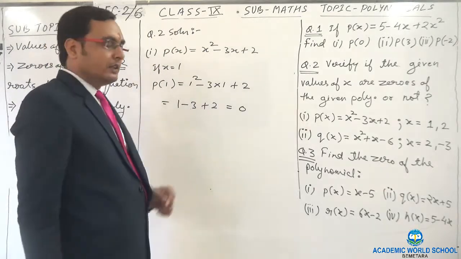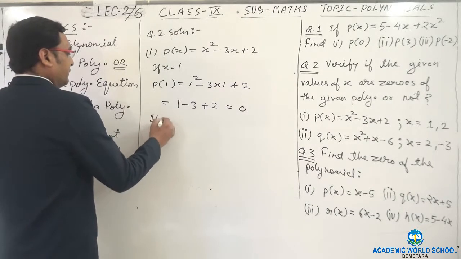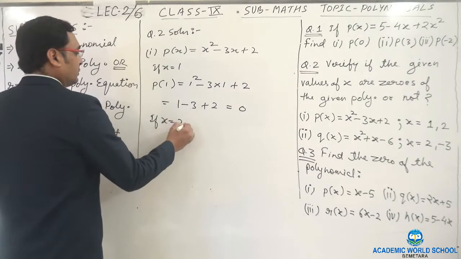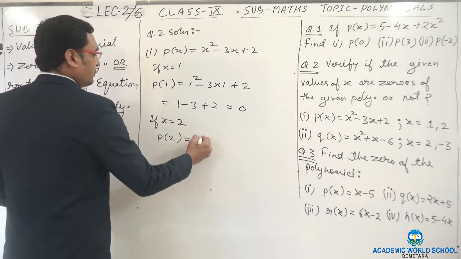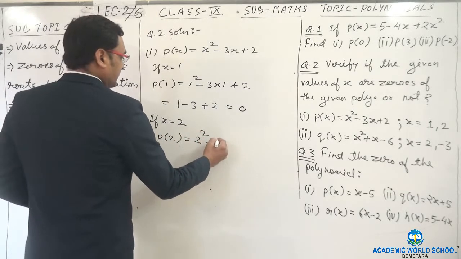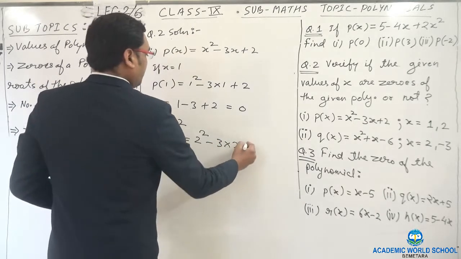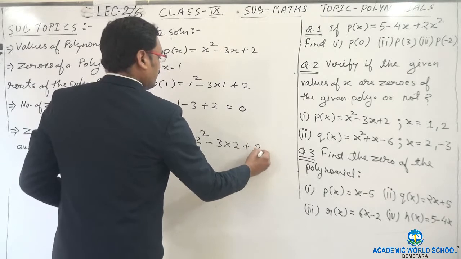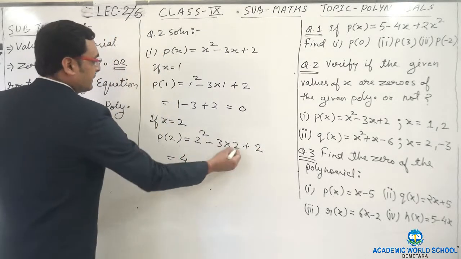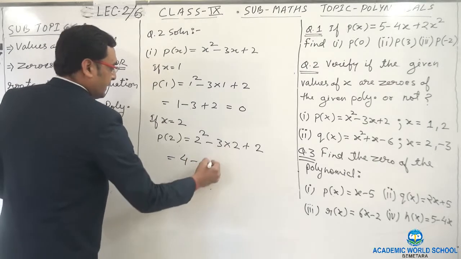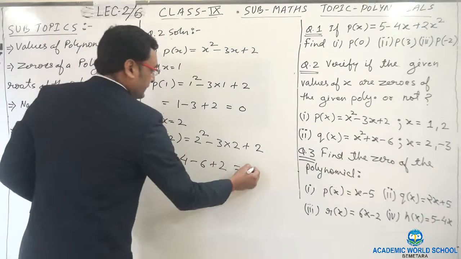We have one more value, x is equal to 2. So if x is equal to 2, then p(2) is equal to 2 square minus 3 into 2 plus 2. Solve this. 2 square is 4, minus 3 into 2 is minus 6 and plus 2. 4 plus 2 is 6, 6 minus 6 is 0.